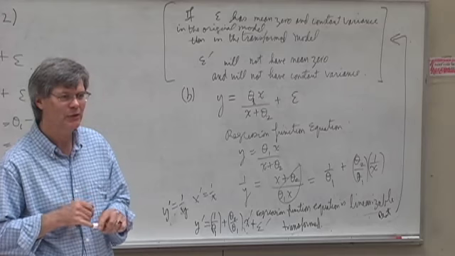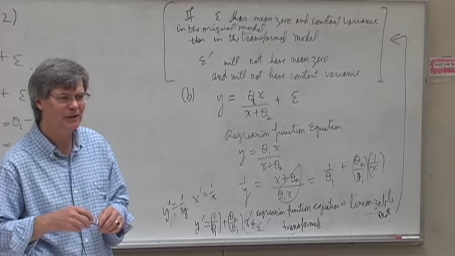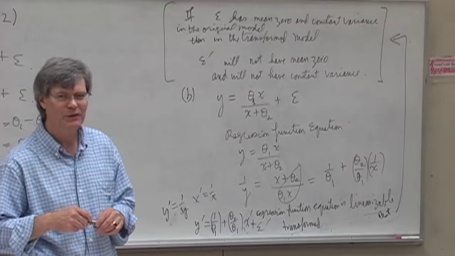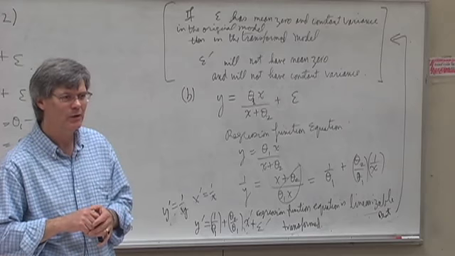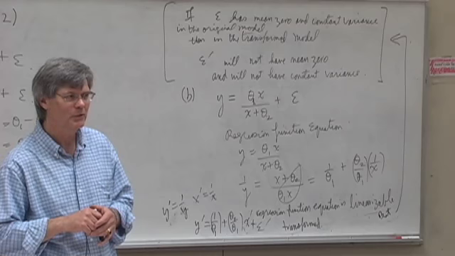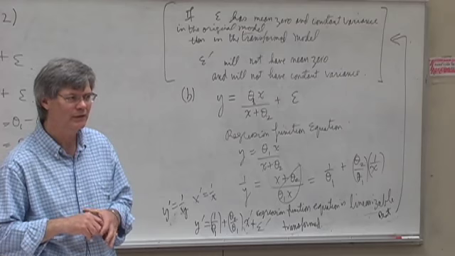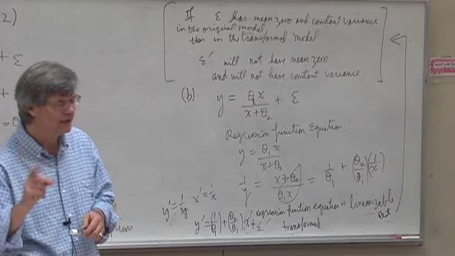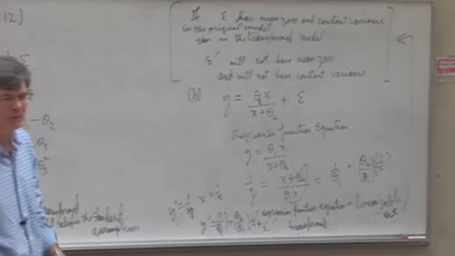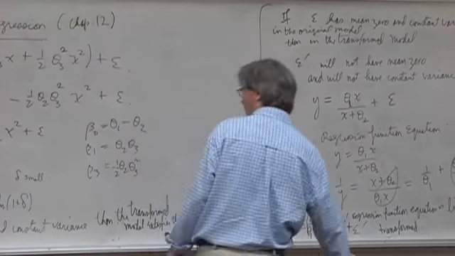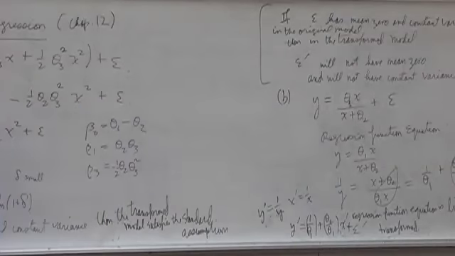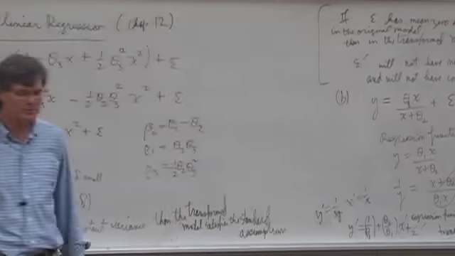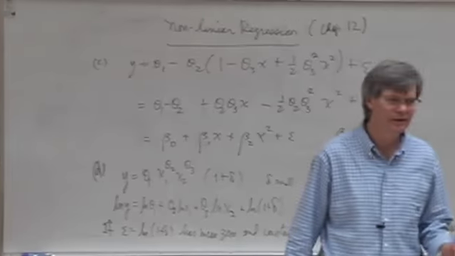Remember I showed you how the author made an error and he should have gotten alpha equals negative 0.83 or something instead of negative 1 when he fit a power, beta 0 plus beta 1 x to the alpha, to the response. So there was a nonlinear regression equation. And I want to go through the calculations of how you would have done that because you're familiar with that one a little bit.